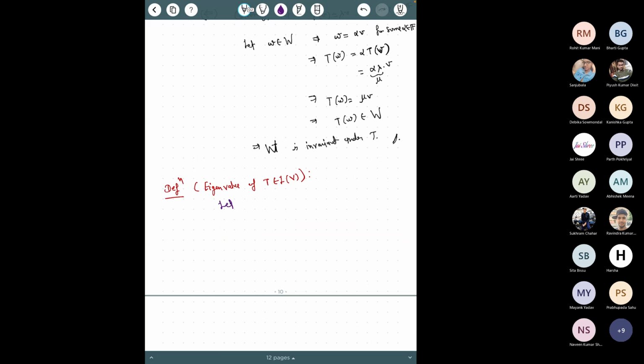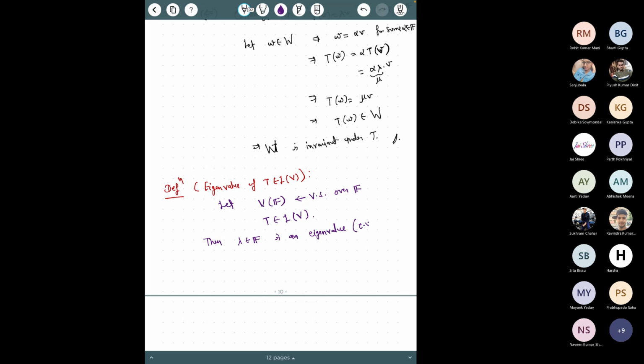So let V be a vector space over the field F. Here F is important to mention, that's why I have written here. And suppose that T is a linear operator on V. Then lambda, a scalar in F, is called an eigenvalue.